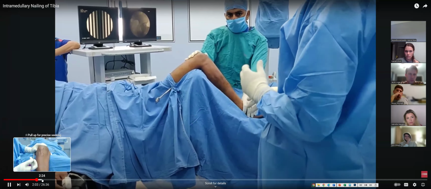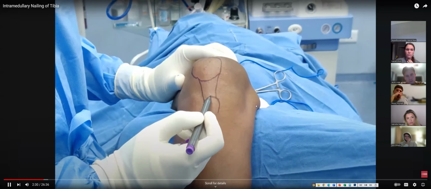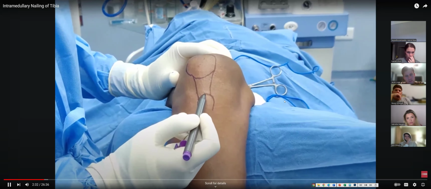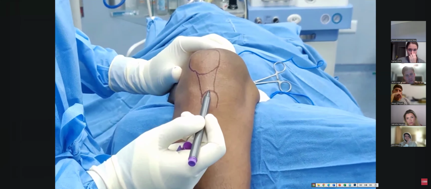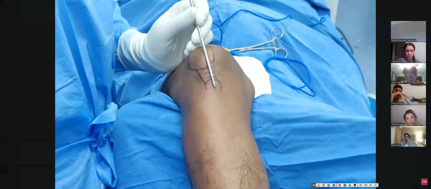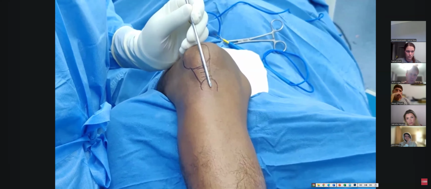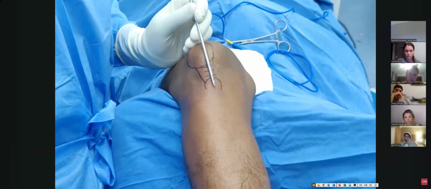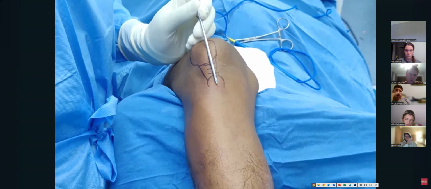So this is our drapery complete, and this is how it looks after making my incision here. I always like to check with my C-arm to see whether my entry point is perfect or not. To mark our entry point, I have just used a Steinmann pin and I checked it with the C-arm in order to make sure that the entry point is perfect.